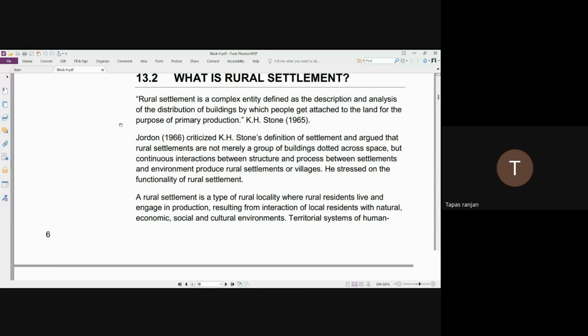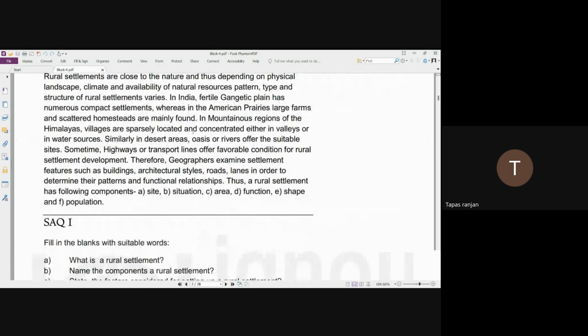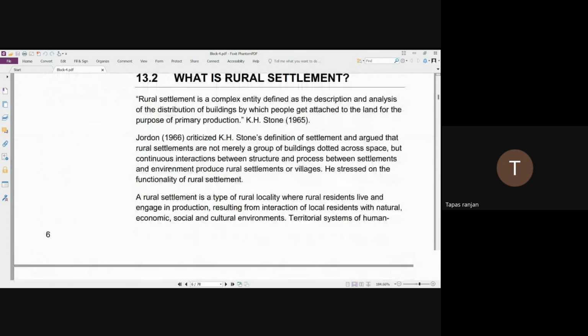That's how even the caste system in our religion evolved. Although different functions and economic activities are performed by rural settlement people, urban settlements are much more dynamic in nature, and they perform a lot more functions as compared to rural settlements. Here you can go through different definitions that have been given about the rural settlement.